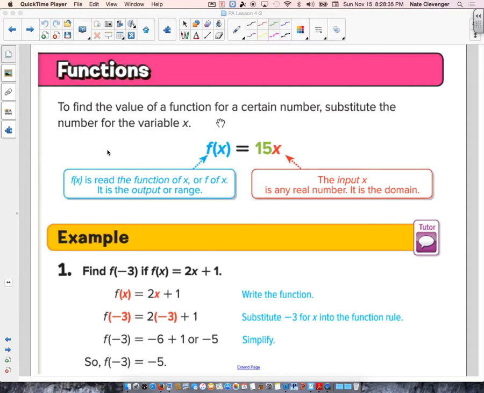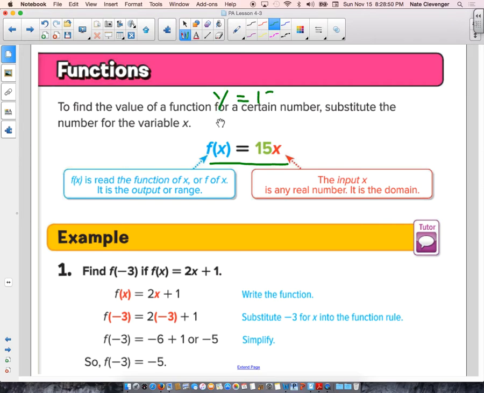You have this notation. This is called function notation, when you have f of x is equal to something. And it's really the same thing as what we've had in the past when we would have had a problem that said y equals 15x and solve for y when x is equal to 4.